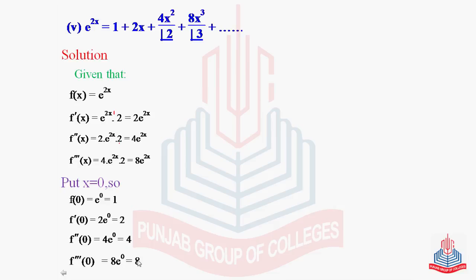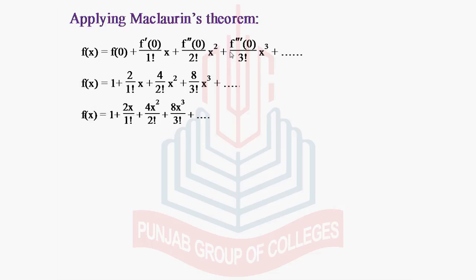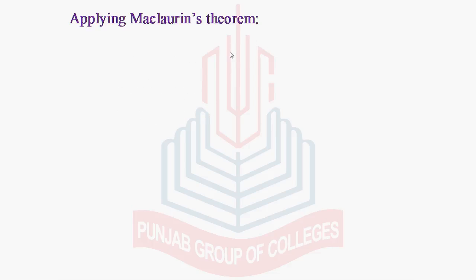Now applying Maclaurin's theorem, f of x, f of 0, first derivative at x is equal to 0 over 1 factorial, similarly onward. So just putting the values of all these derivatives and f of 0, by simplifying, that will become f of x is equal to 1 plus 2x over 1 factorial, 4 x square over 2 factorial, and 8 x cube over 3 factorial, which is actually the required result.